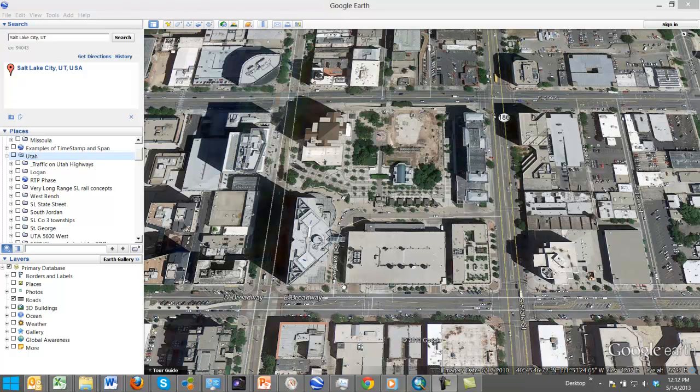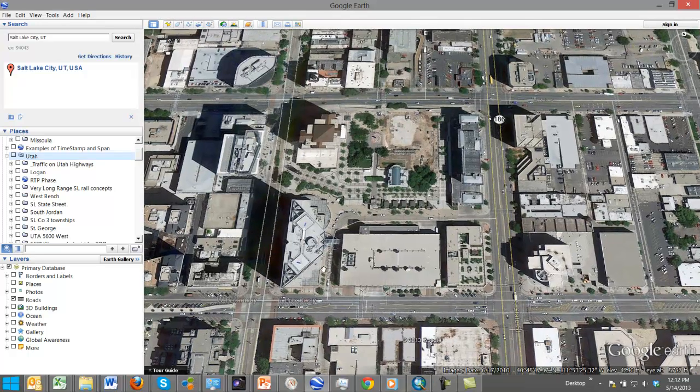Okay, so let's estimate the commercial square feet of this Wells Fargo building, just because. So here we go.